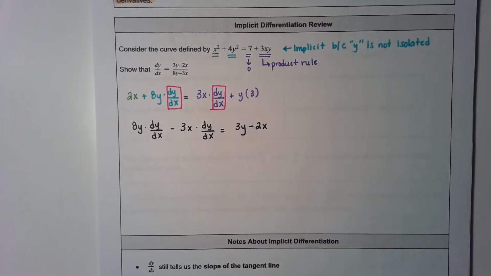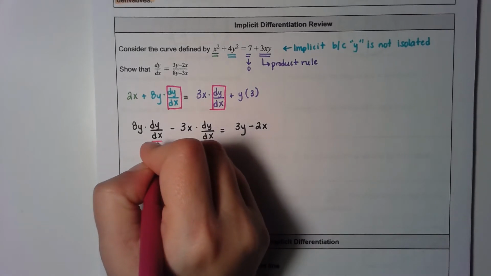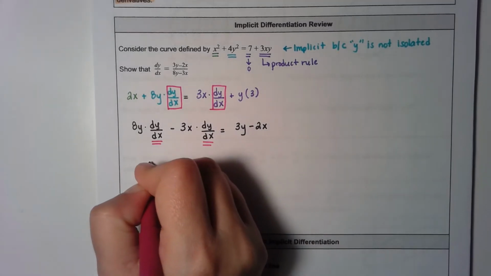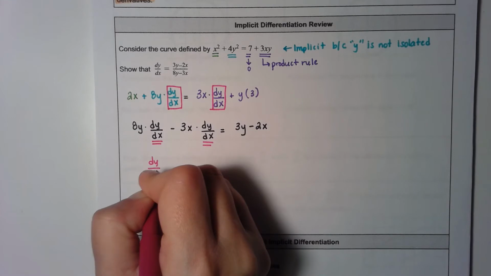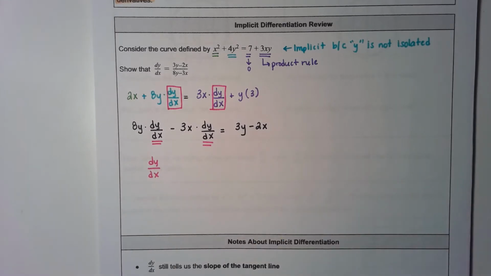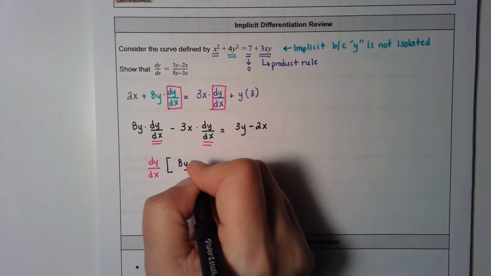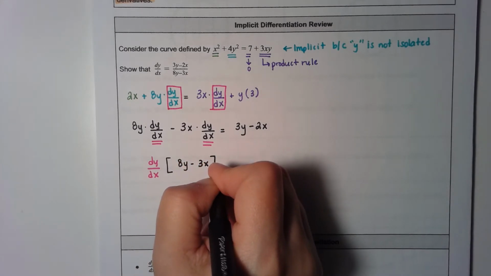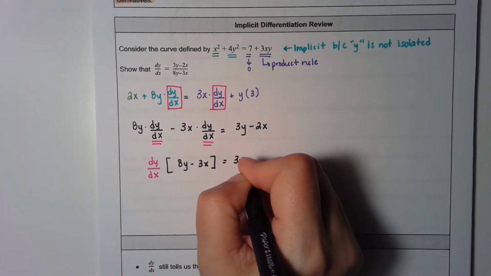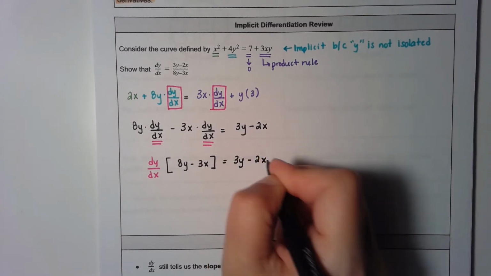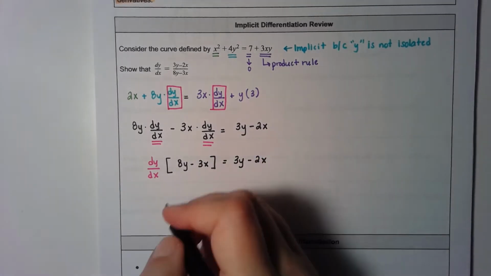Now we're going to factor out that dy over dx. So if we factor that out of both of these terms, we're going to have dy over dx, and then we're going to have our bracket, and we're going to have 8y minus 3x equals 3y minus 2x. And lastly, we're just going to go ahead and divide.